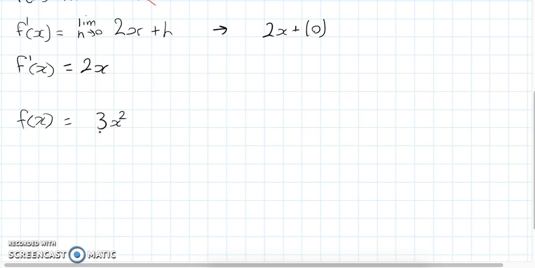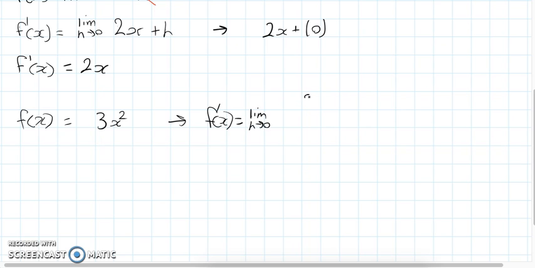So we've got a number out the front this time, so it will change it a little bit, but as we substitute into this formula again, the formula that's up the top, so f dash x is equal to, again, limit as h tends towards 0.